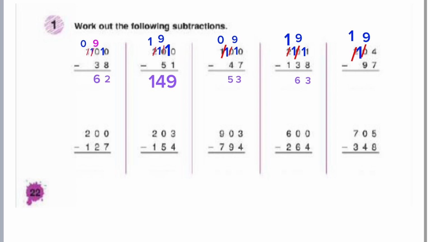Now the 4 can borrow from the tens digit. So the tens digit will become 9 and the ones digit will become 14. Now 14 minus 7 is 7, 9 minus 9 is 0, and 1 will come down. So the answer is 107.